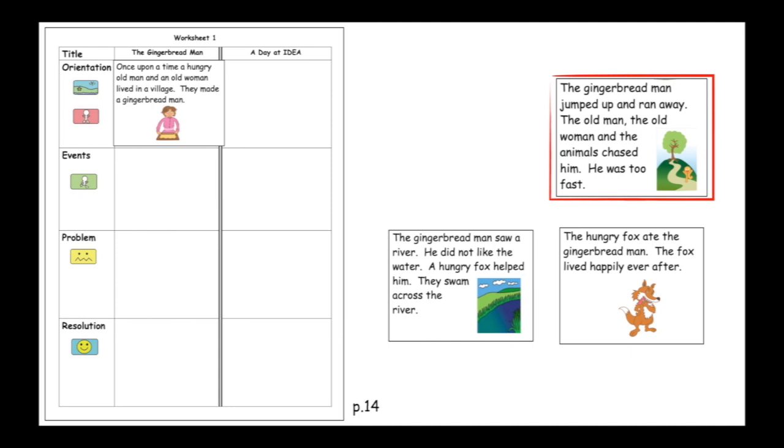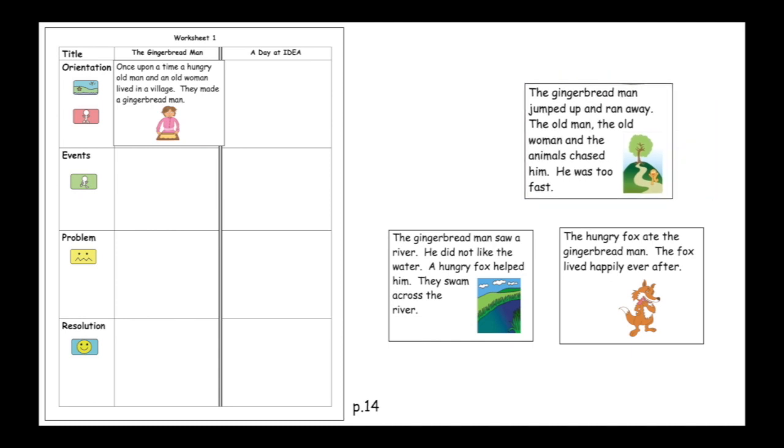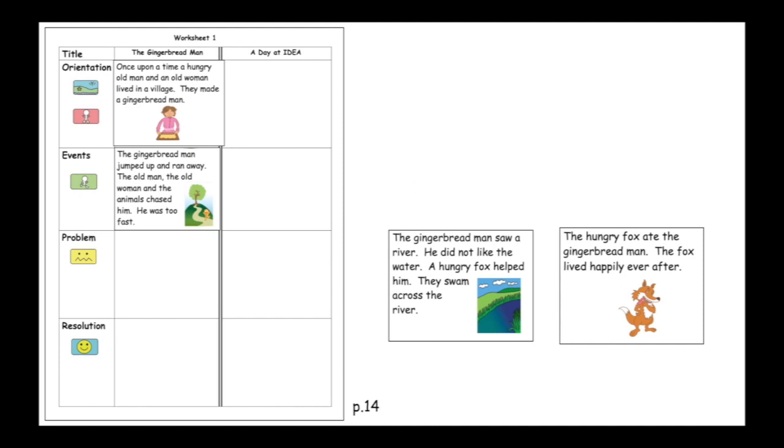Let's glue that next to events. There we go. Now P3, can you find a problem? Aha, I see one. The fox is a hungry fox. Let's use our glue to stick that card next to the problem box.